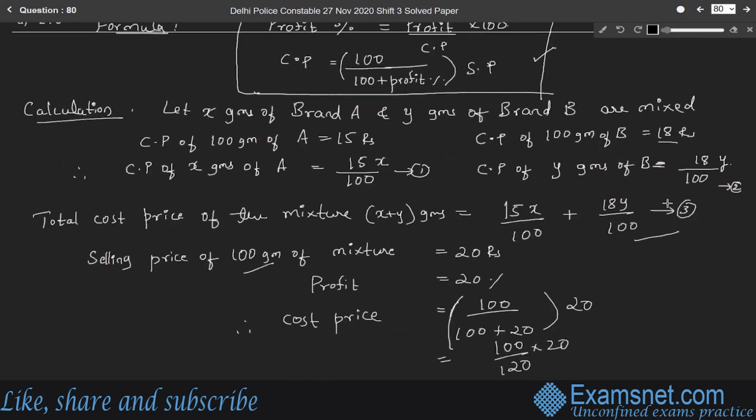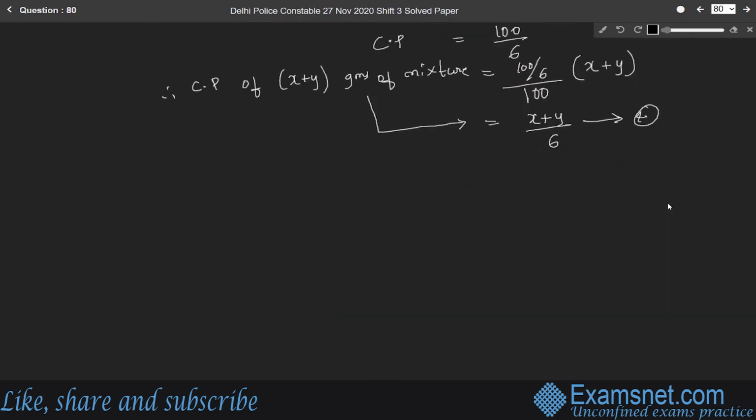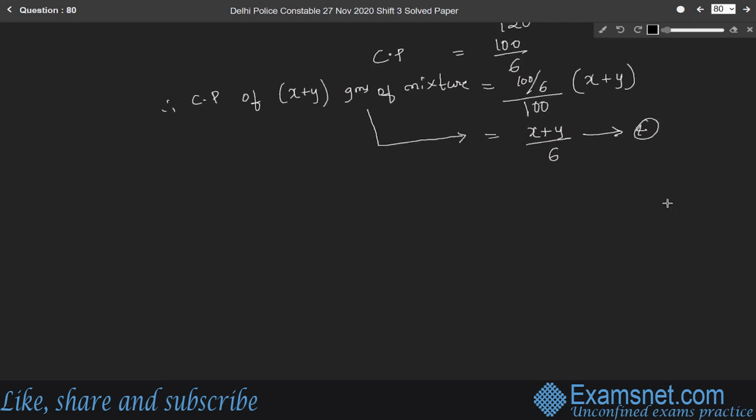So, total cost price of the mixture of X plus Y grams. We can equate these two, by equation 3 and 4. So, 15X by 100 plus 18Y by 100 is equal to X plus Y by 6.